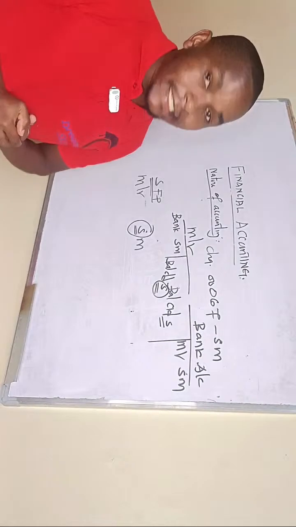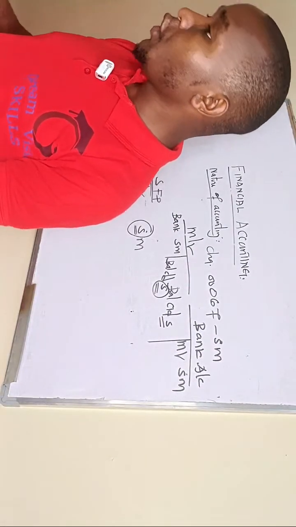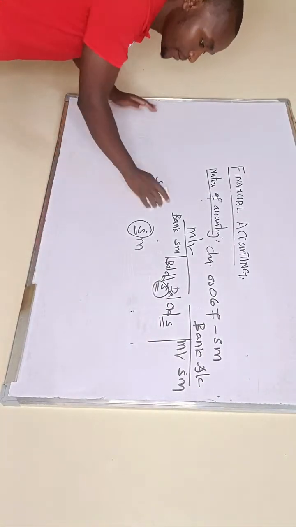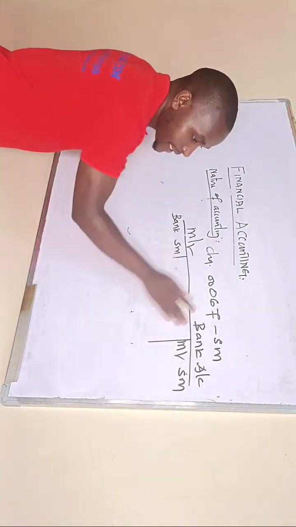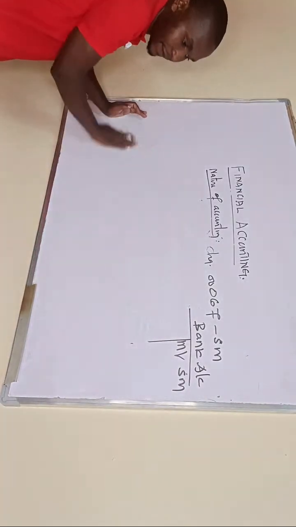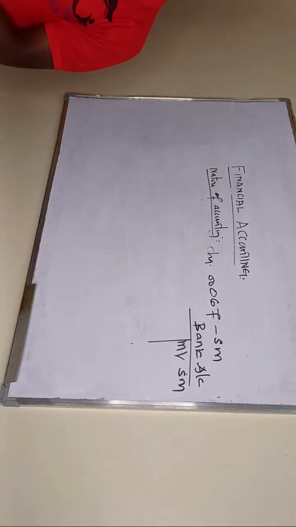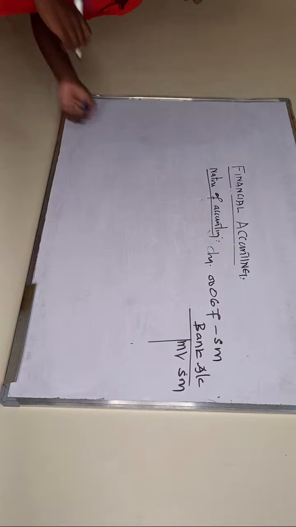Yes, it is only the retained earning which will go to the capital. If I have to get my capital account, when it comes to reporting we use the statement of changes in equity, but I don't want to introduce that one.